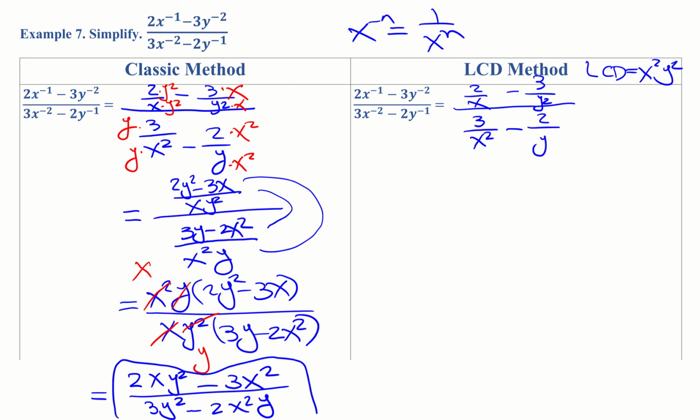Now we go ahead and multiply x squared, y squared on the top and on the bottom, and then we distribute. So basically we're going to make sure each of these terms gets hit by the LCD, which is x squared, y squared.